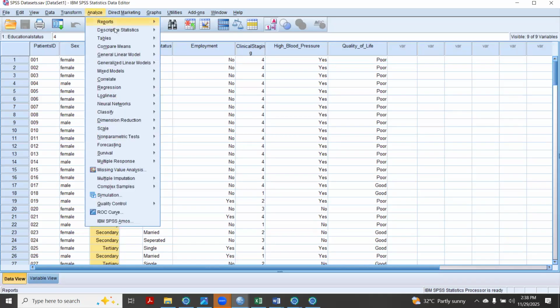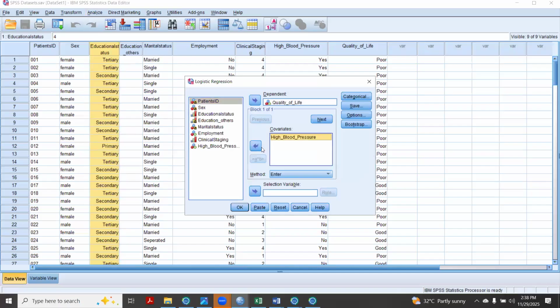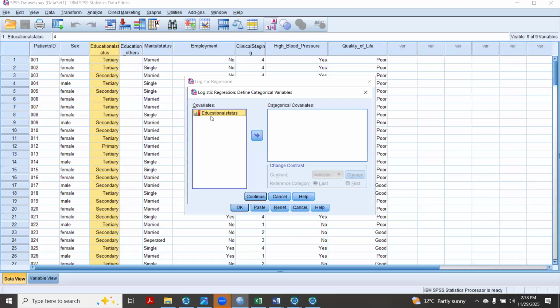So if I do my binary logistic regression now, instead of high blood pressure, I choose educational status. I will have to choose a reference value. So how do you choose a reference value? You go to categorical. You go to categorical, then you move your educational status into the categorical covariate. Then you now decide which will be your reference value.